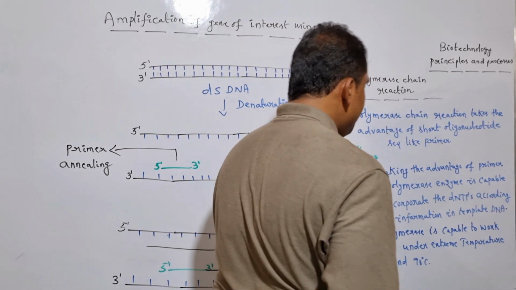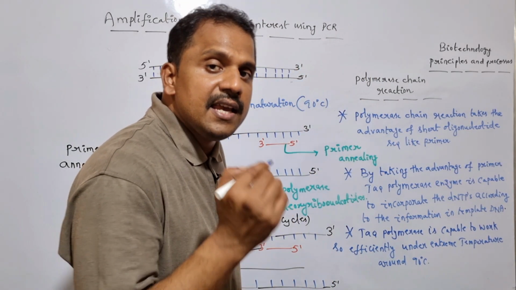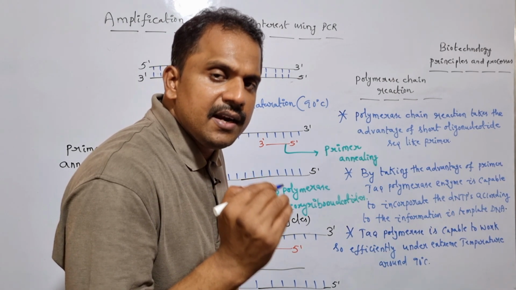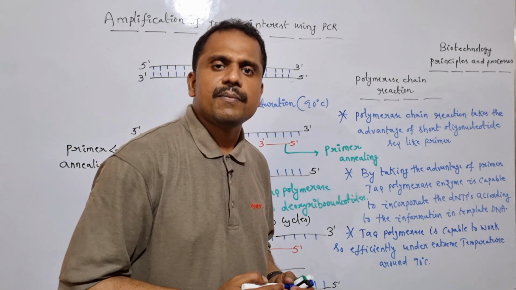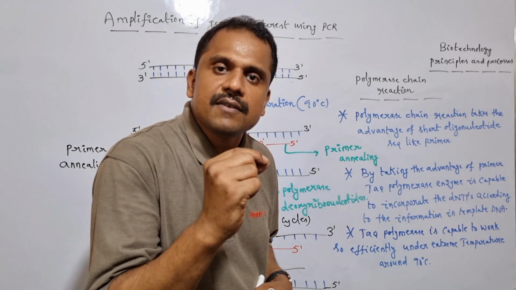So if we amplify the specific gene for billion times, we can obtain billion copies. Is it clear? If we amplify the specific gene for billion times, we can obtain billion copies of the concerned gene.